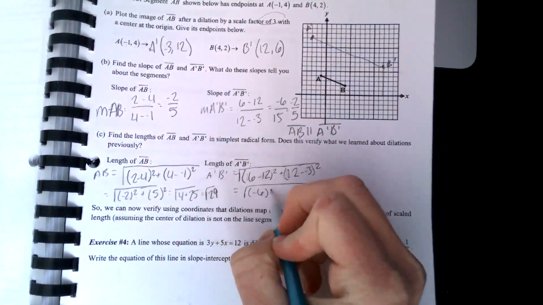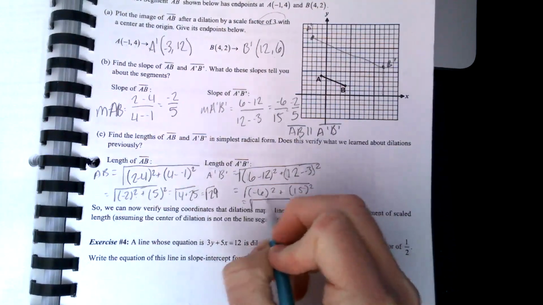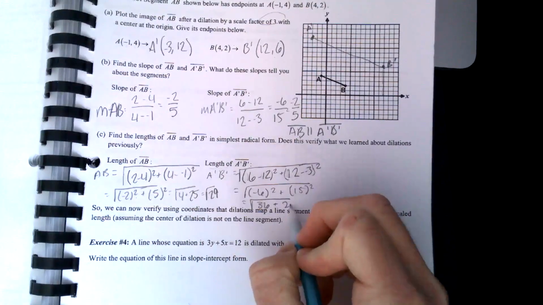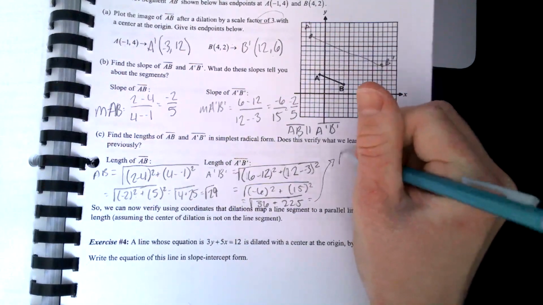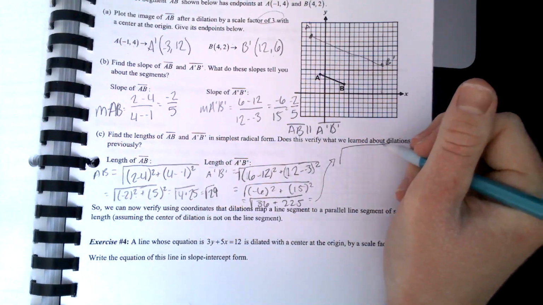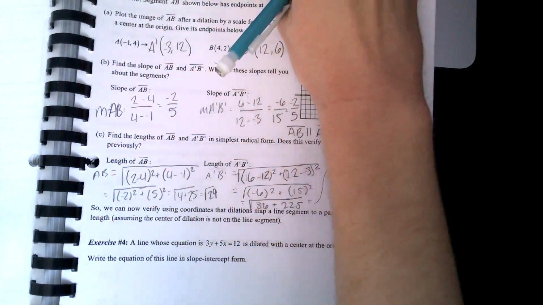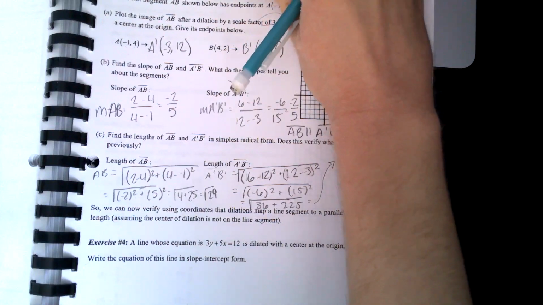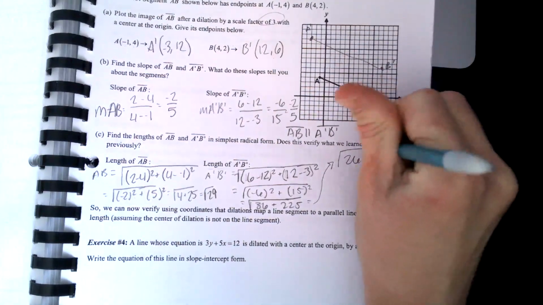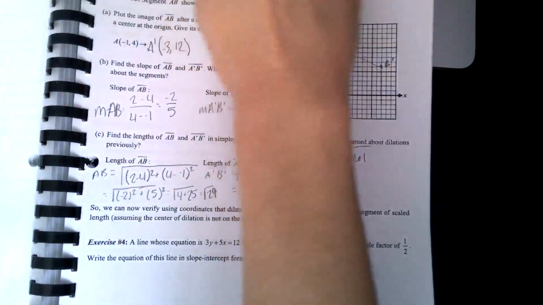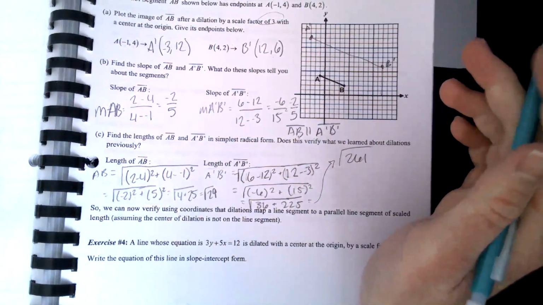Right, so this is negative 6 squared plus 15 squared. So this is the square root of 36 plus 225. 36 plus 225 is 261. All right, now this is a hot mess. Now we have to do it in simplest radical form.